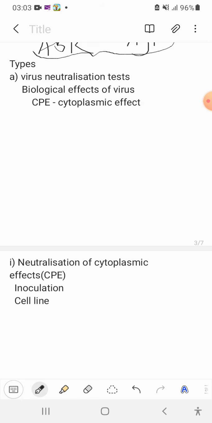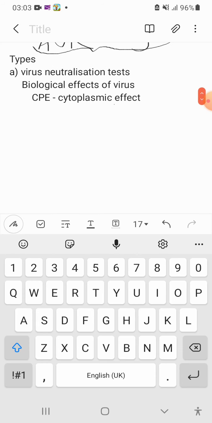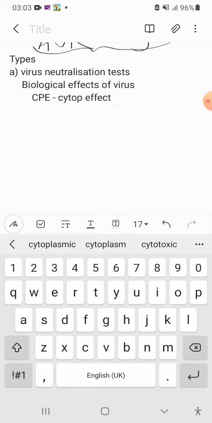One of them is called cytopathic effect, or what we term CPE.